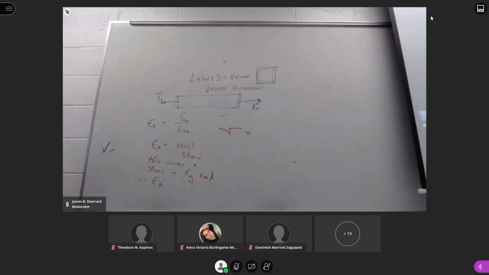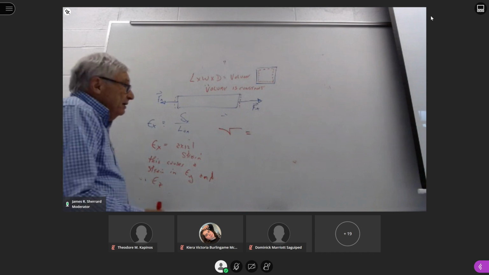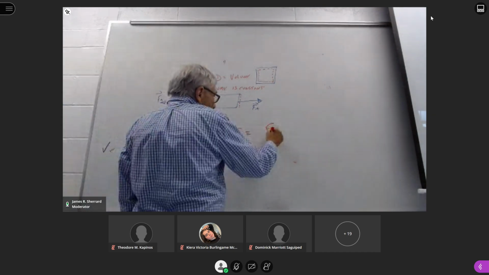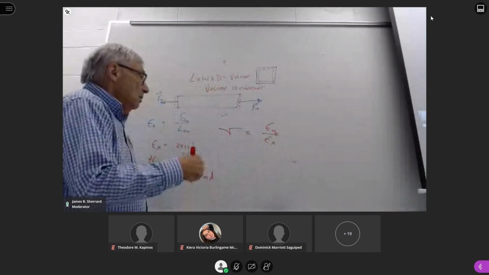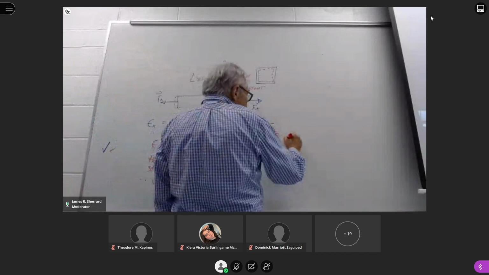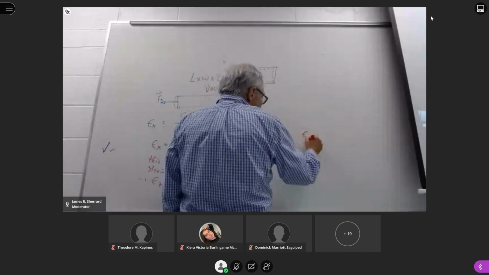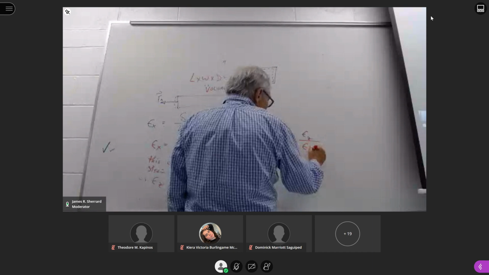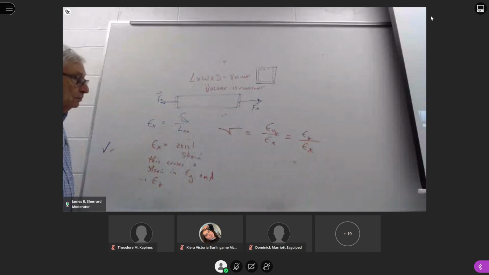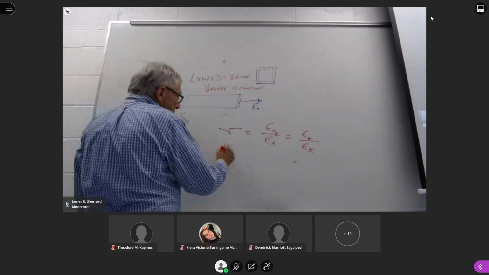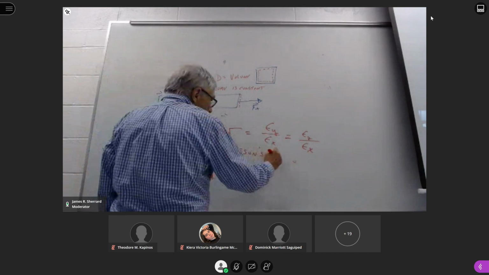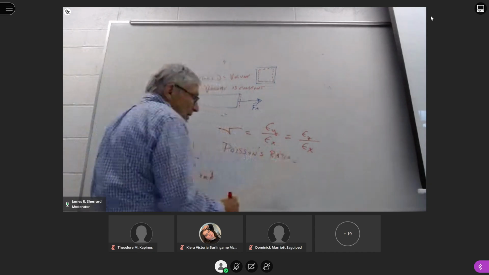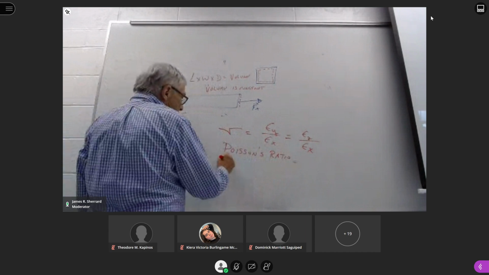And it's looking at the ratio of strain in either the y direction compared to the x direction, or it's also equal to the strain in the z direction compared to the x direction. This value is called Poisson's ratio. It is a physical property of the material.